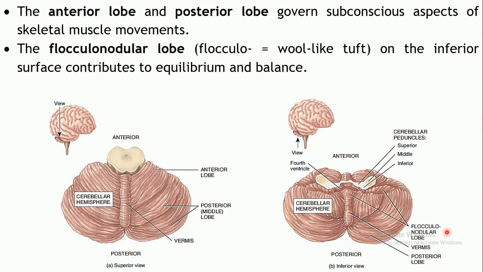So this is called the flocculonodular lobe. It is present on the inferior side of the cerebellum, and it is mainly associated with equilibrium and balance.